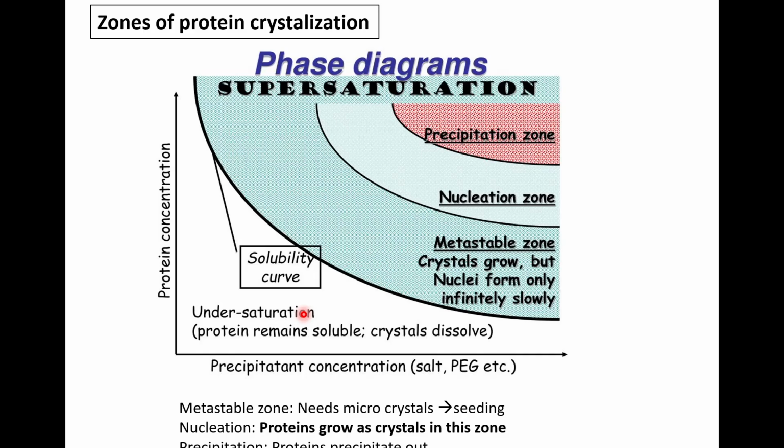When the precipitant concentration is increasing, there will be a point of saturation where crystals will form or grow, but nuclei form only infinitely slowly. It's not a biological cell, but you can imagine the formation of a crystal like the formation of your house.